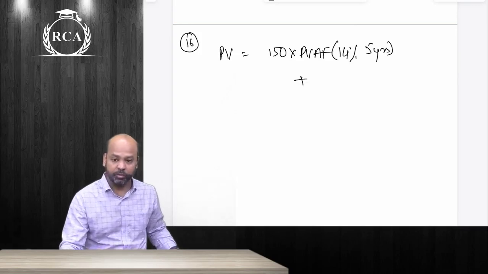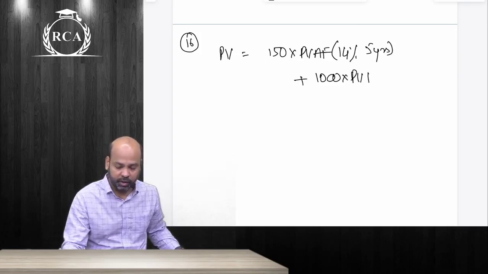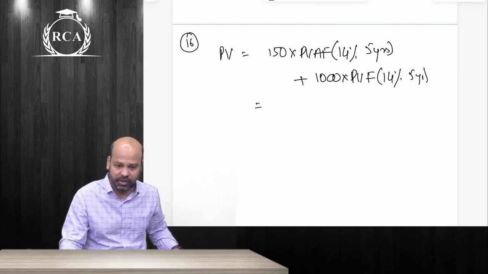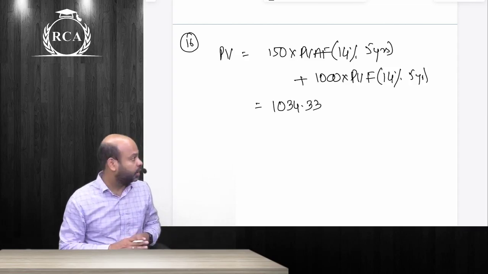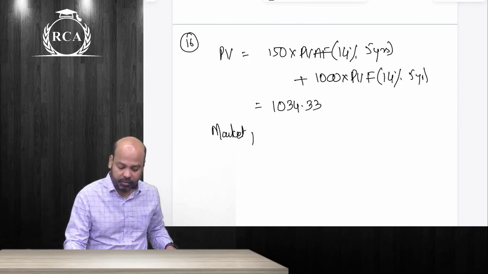Plus the redemption value is 1000 multiplied by the present value factor at 14% for the 5th year. This will give us the intrinsic value of the bond. How much is this? 1034.33.